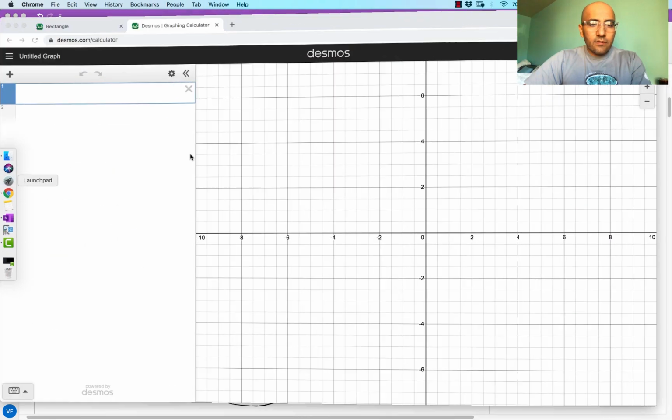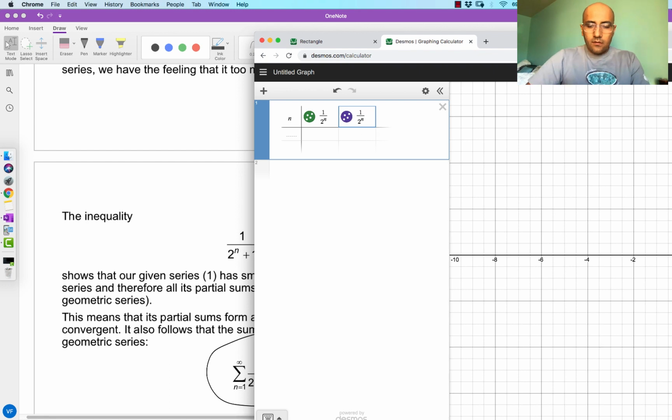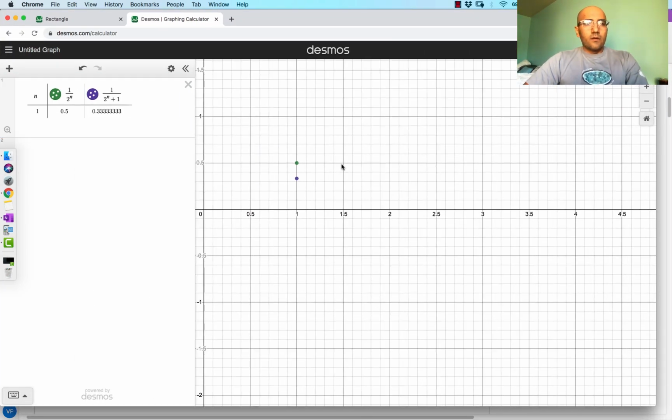Let's go to Desmos and put a table format where we have 2 to the nth power, 1 over 2 to the nth power, and 1 over 2 to the nth plus 1.